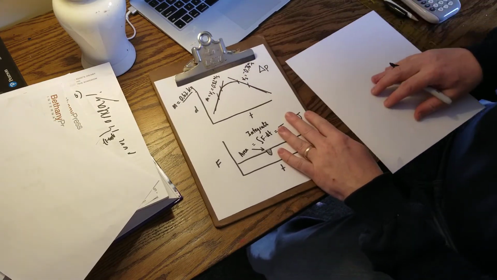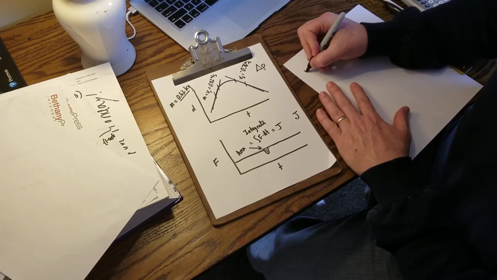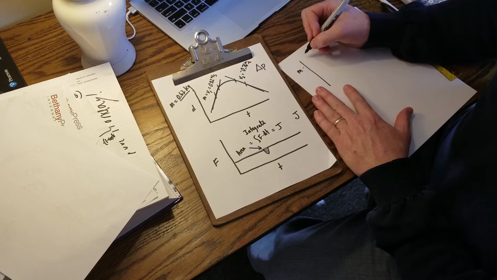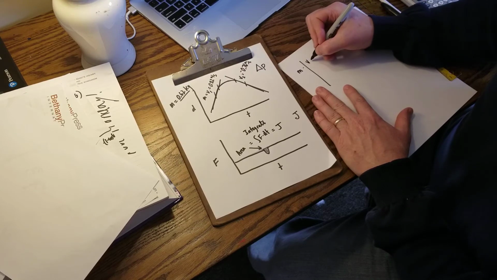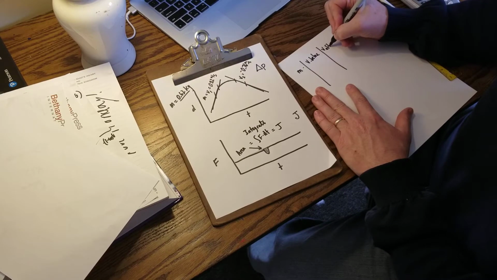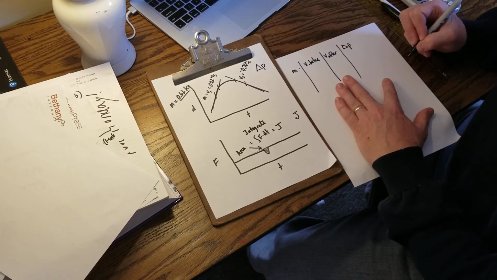Let's say then you would need to calculate in a data table. You have the mass of the cart, the velocity before, the velocity after, and you would need to get the change in momentum.